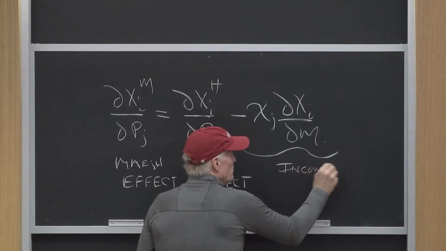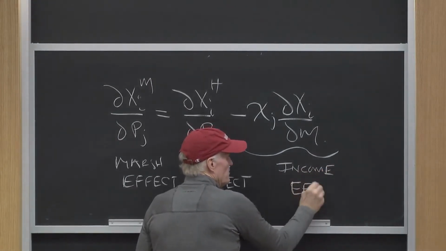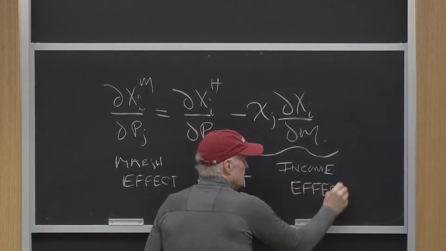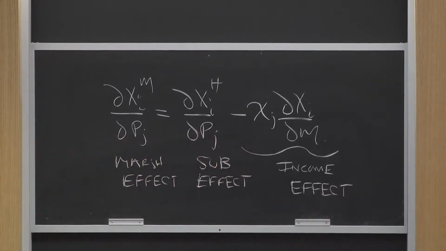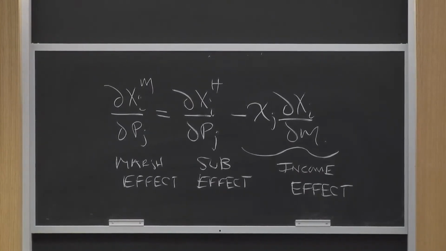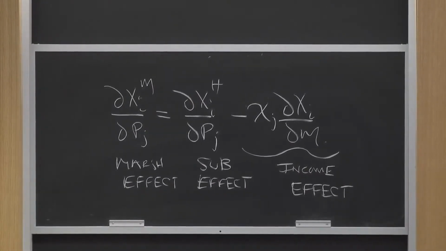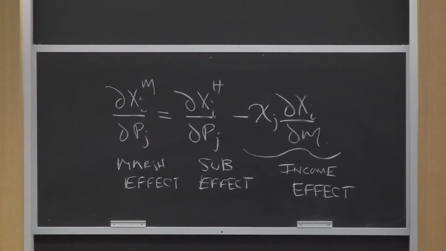And where does this income effect come from? Well, why does it have the form it does? Can anybody explain where this income effect comes from and why it has the form it does? Yeah. When the price of a good increases, good J, that's the one that's changing here, when the price of J goes up by $1.